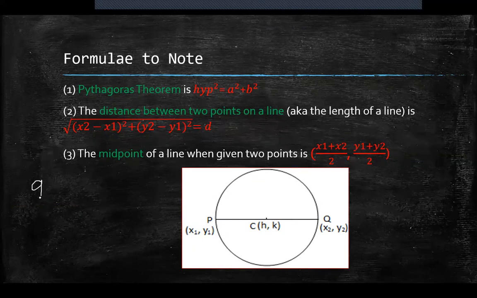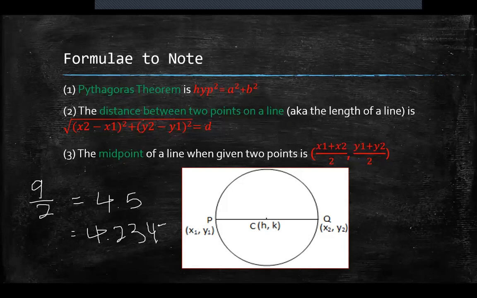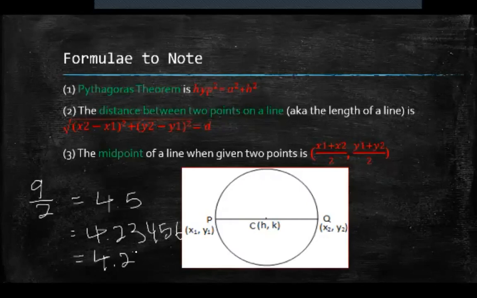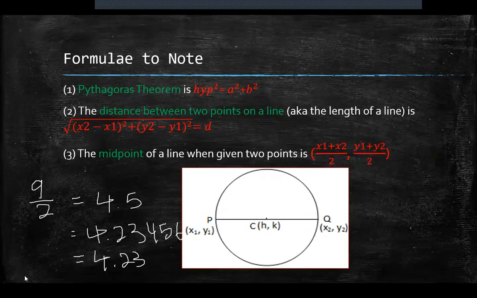Unless it's an exact decimal, so 9 on 2 is the same as 4.5, that's okay. But if you have a decimal like 4.23456, whatever, and then you just put 4.23, technically that answer is wrong because it's not the exact value, right?